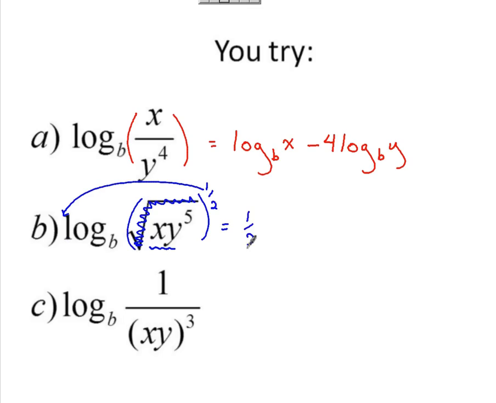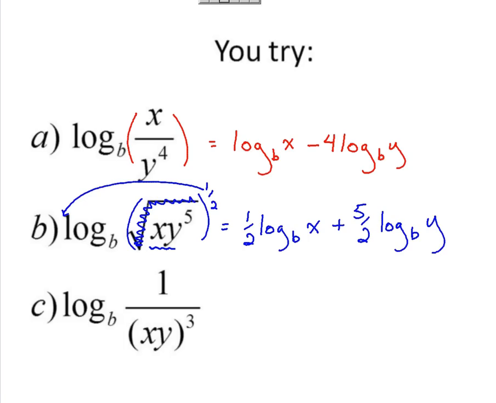So you'd have 1/2 log base b of, first part of this product is x, plus, we could say 1/2 log base b of y to the 5th, but that 5 we'd be bringing down to the front. If there's a 1/2 in front, we're going to multiply that 5 on. So instead of saying 1/2 here, it probably makes more sense to say 5/2. That's how that one would simplify.